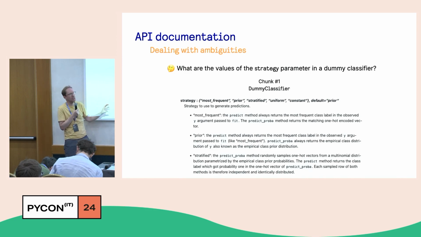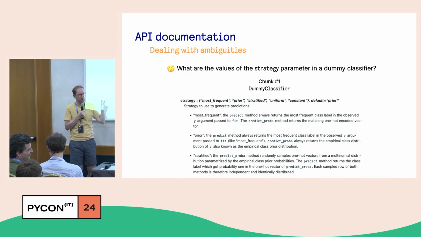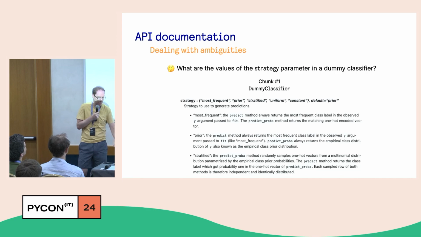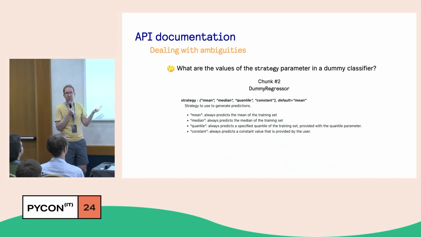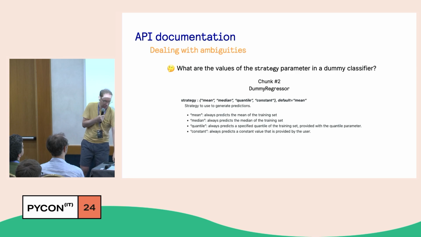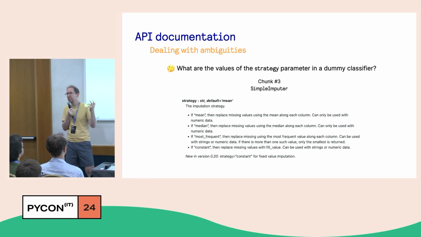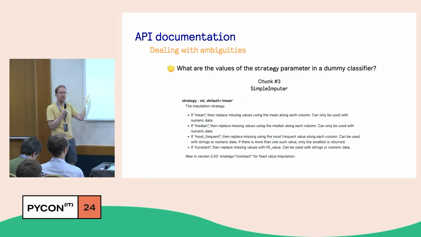And then it will find me chunks. For instance, I will find a chunk about strategy for the dummy classifier, which is actually the one that we want. But then I will find one for the dummy regressor as well, because they have the same parameters, so without knowing the context, that will come up. And the same with the simple imputer, because we have the same name as well, okay?